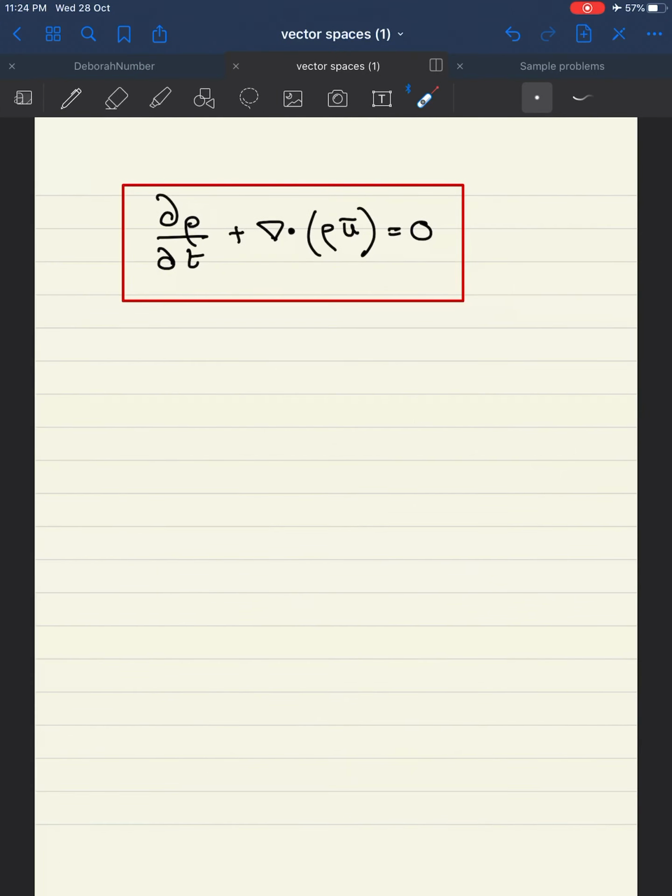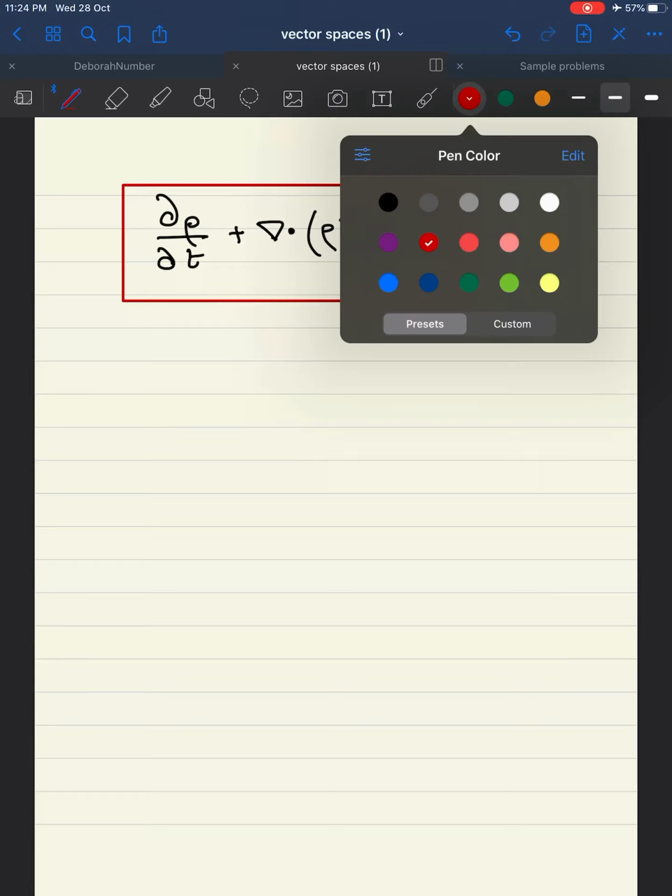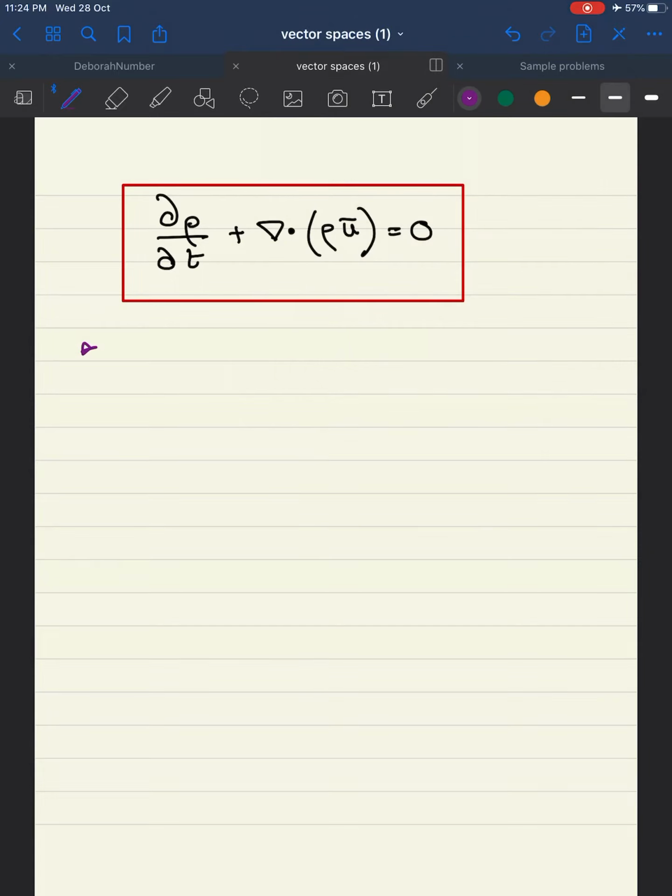Fantastic. So this is now the continuity equation, but you have to remember there's a star sign that I should put, that this is without a source term, without generation of mass within the CV itself.